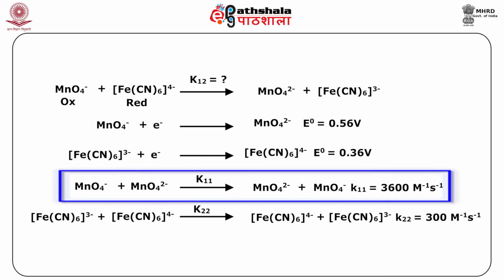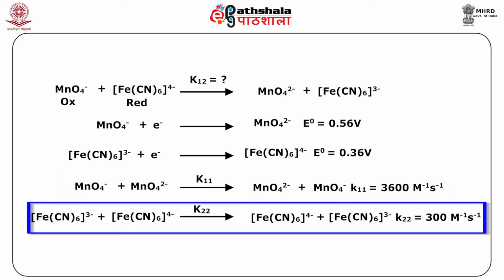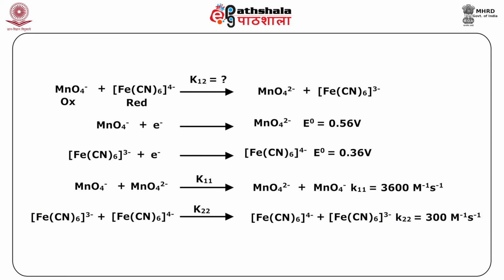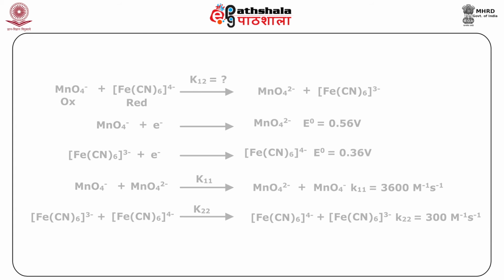So k11 is the rate constant, and it forms MnO4 2 minus and MnO4 minus, and the k11 value is 3600 mole inverse second inverse. On the other hand, Fe(CN)6 3 minus plus Fe(CN)6 4 minus, suppose this rate constant is k22, forms Fe(CN)6 4 minus plus Fe(CN)6 3 minus, and the k22 value is 300 mole inverse second inverse.